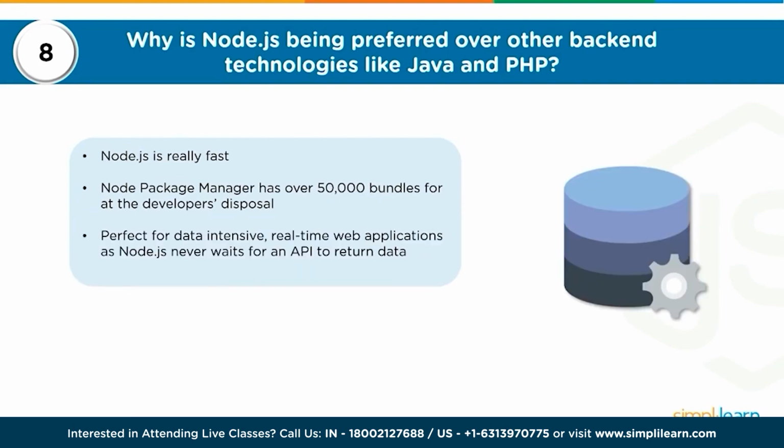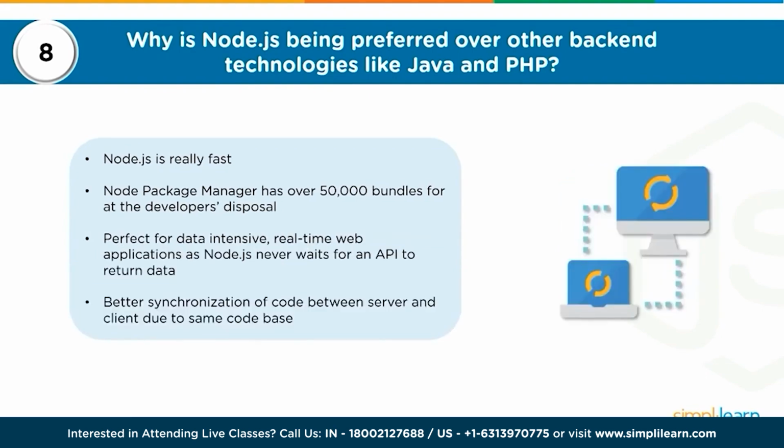If you're building out a real-time application that's data intensive and you need to have APIs quickly developed, then Node.js is really a great solution for you. It allows you to build out these solutions really quickly. And there is easy synchronization between the server and the client due to the shared code base.